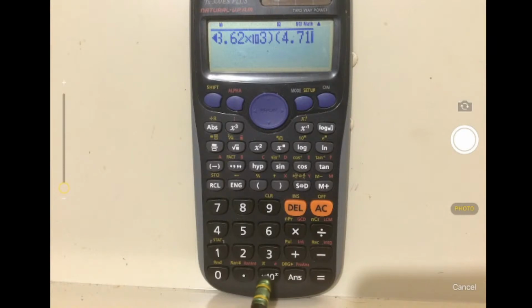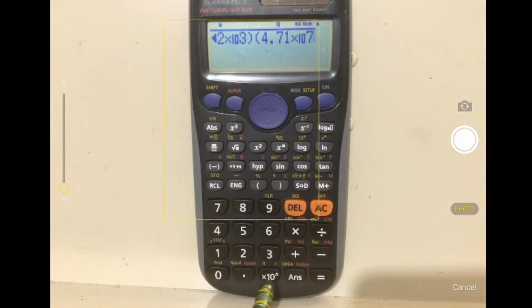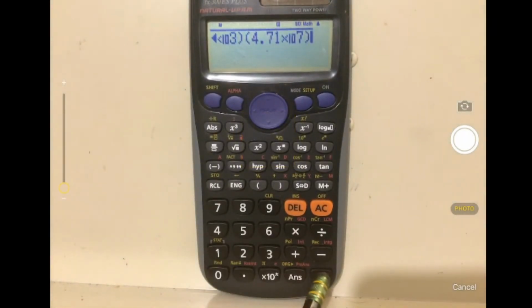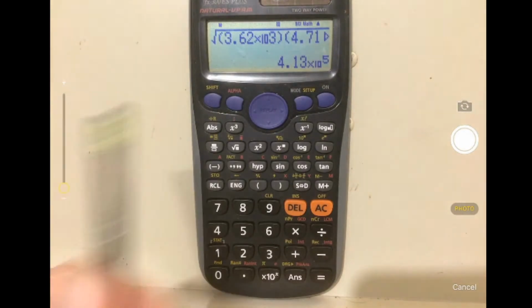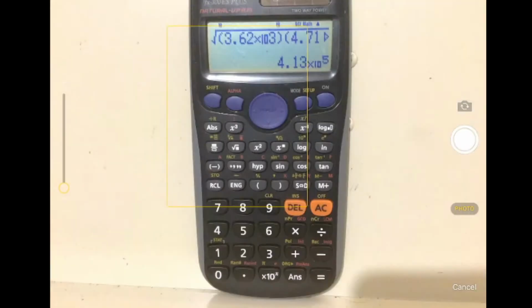You just go boom, boom. 2 buttons, times 10 to the 7. This is the button you want to use. Okay, and then I'm going to close this, and then I'm going to hit equals. And because I have it in scientific notation mode, it gives me the answer with 3 sig figs in scientific notation. Bada boom, bada bing, we're done.